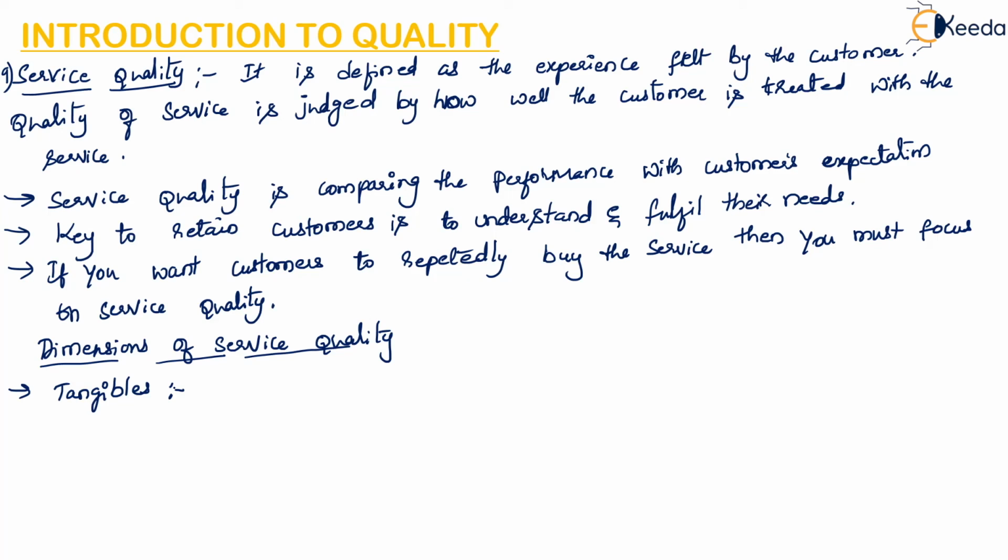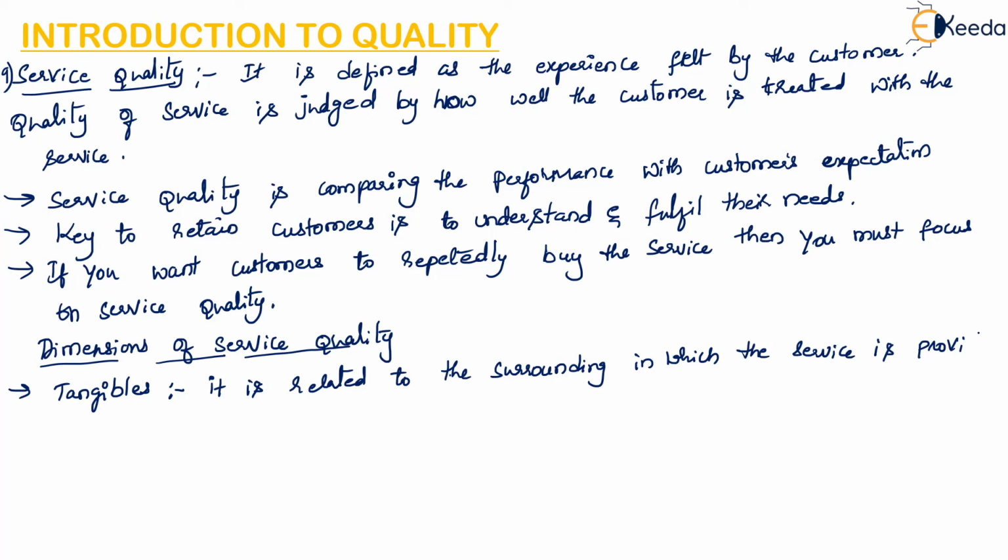For example, if you consider a restaurant, the tangibles may be the seating arrangements, the interior decoration and the lighting arrangements. So it is related to the surroundings in which the service is provided to the customers.